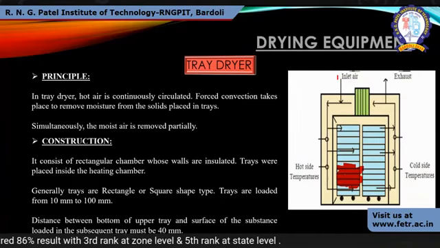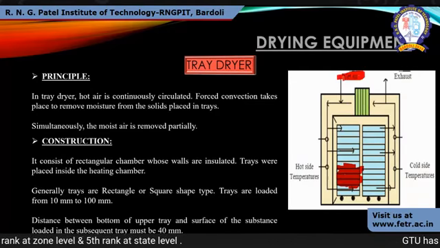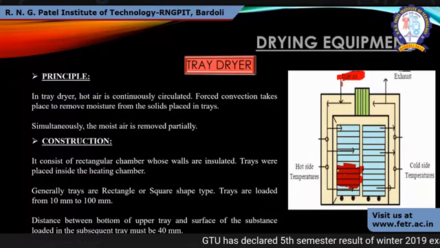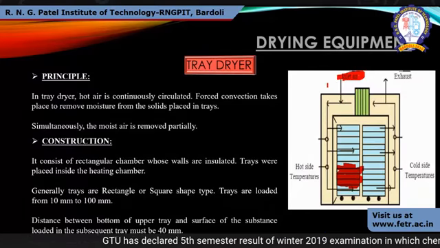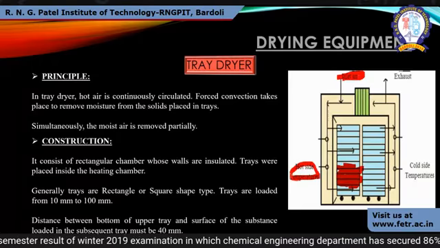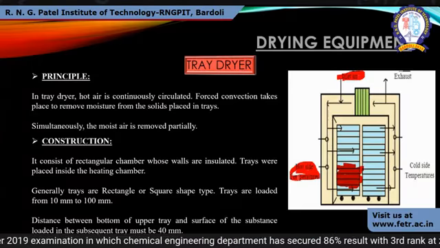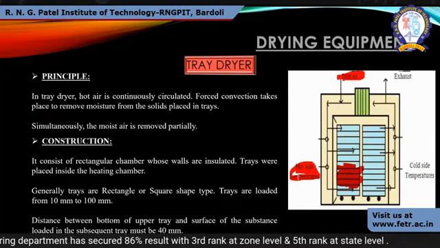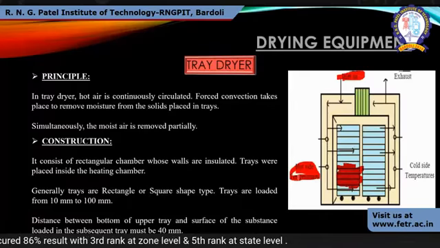And we supply the air. Now this air comes in contact with the heater, so the inlet air is at higher temperature. We heat that air so that we have higher temperature of air.